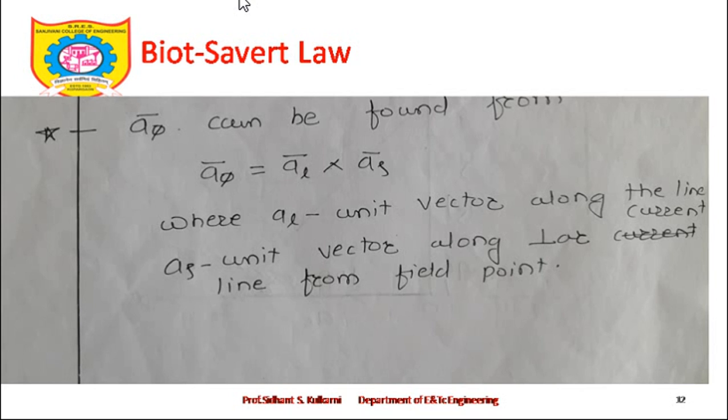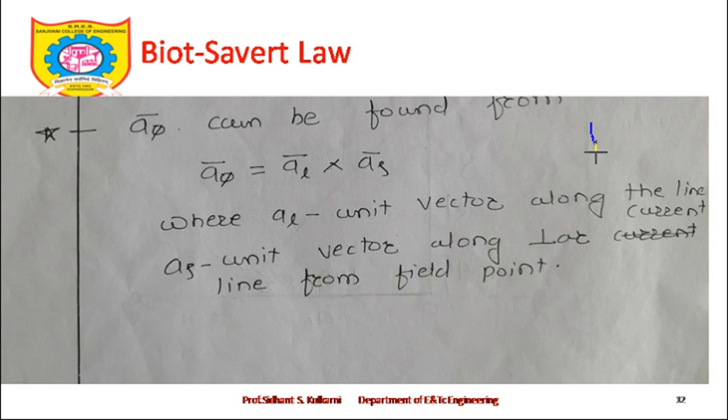AL bar is the unit vector along the line current. So if the line current is along x axis, it will be AX bar. If it is along y axis, AY bar. If it is along z, AZ. Similarly, if it is along rho, arrow bar. If it is along phi, it is A phi bar. If it is along z, AZ bar. Crossed with this arrow bar, this is also important. This arrow bar indicates the unit vector along the perpendicular line from the field point.